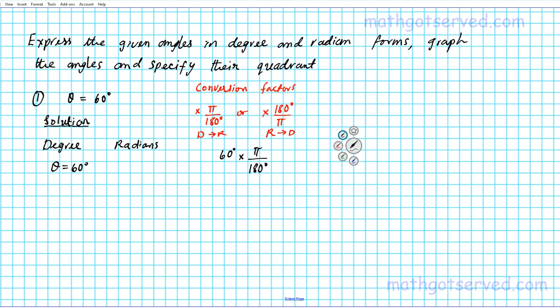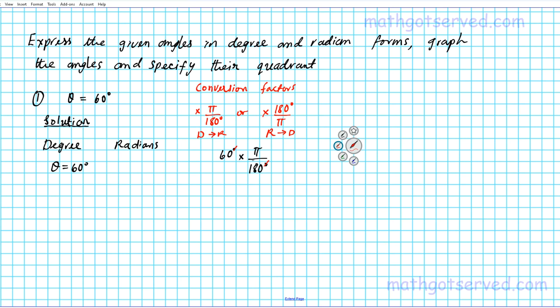Pi and 180, remember, are exactly the same thing. All right, so you're basically multiplying by 1. One is just in radians and the other is in degrees. Now we oriented it like this, so observe this. See how the degrees cancel out? What we're left with now is radians. Okay, so whatever conversion factor you're picking, make sure that the angle measure is in the opposite position of the angle that you're given.